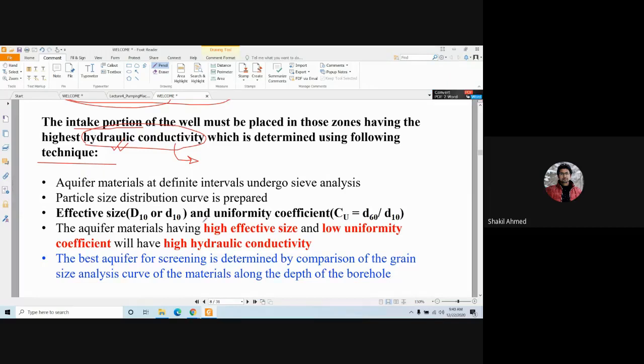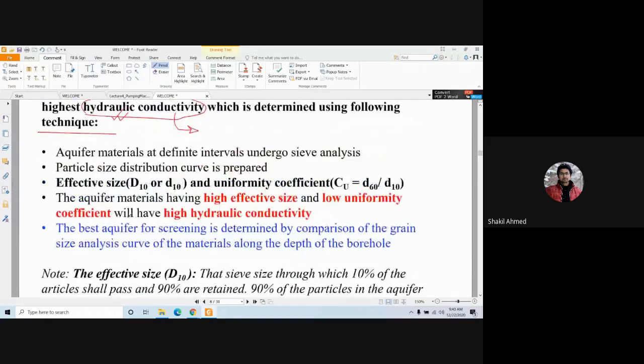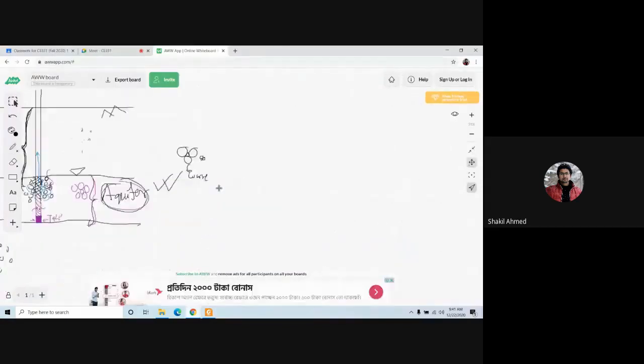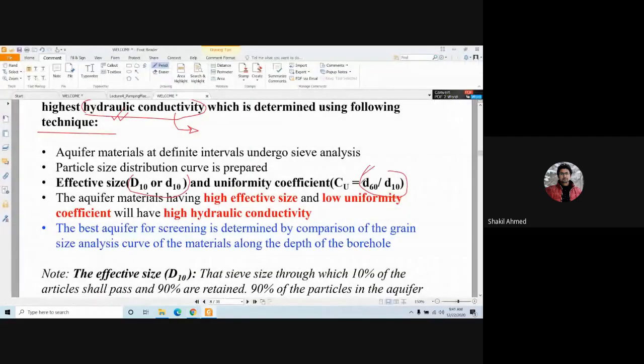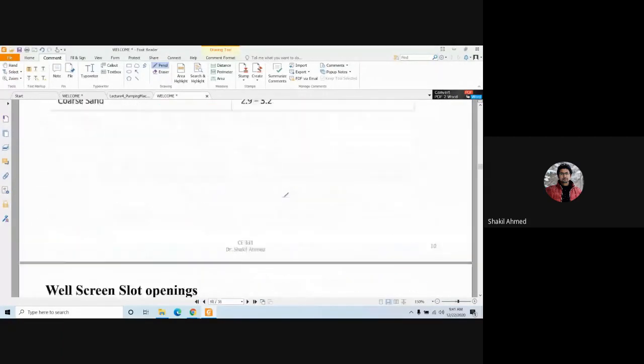So what we do here is this. First of all, we need to know one property, and this is D60 by D10. What is D60 by D10? Before I go there, I need to ask you something.